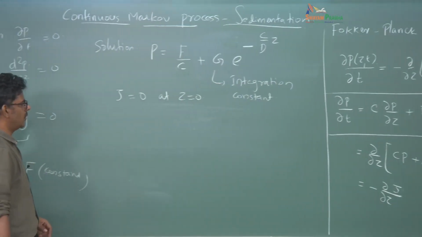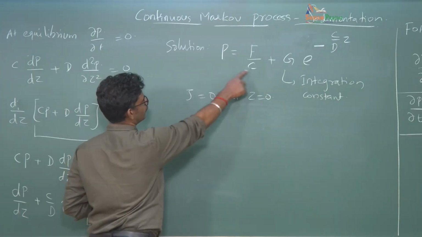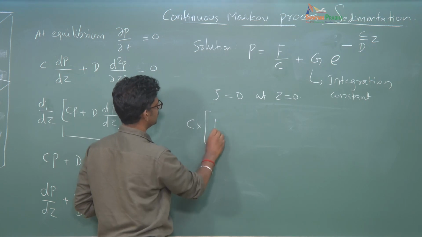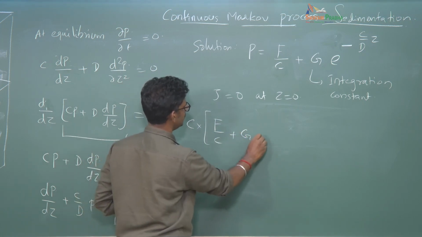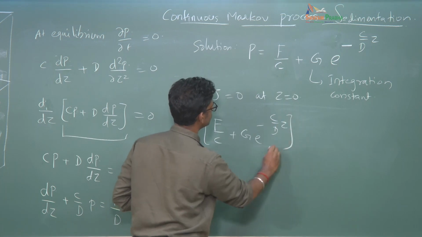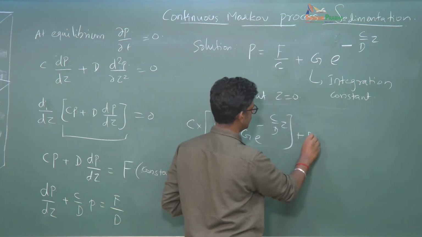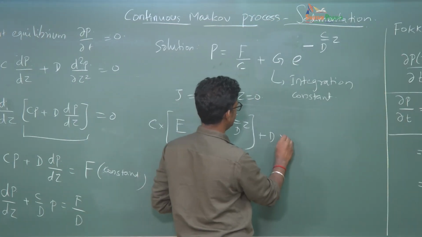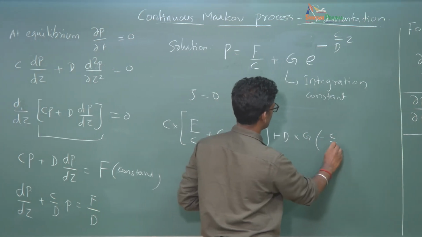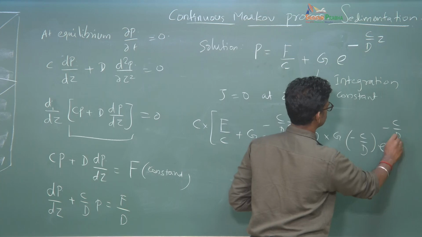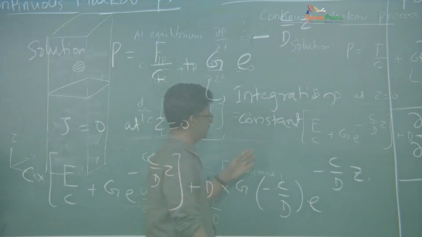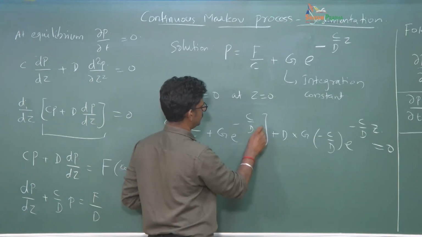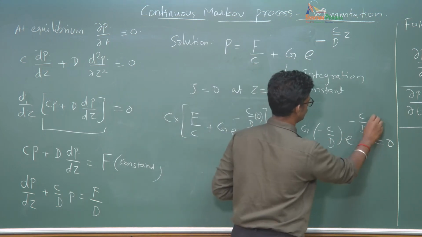Now we can substitute the expression for P. So we write C times P, which is F by C plus G e to the power minus C/D z, plus D times the derivative of this with respect to z. So you get G, and this entire thing has to be 0 when z equals 0. So you put 0 here, 0 here.